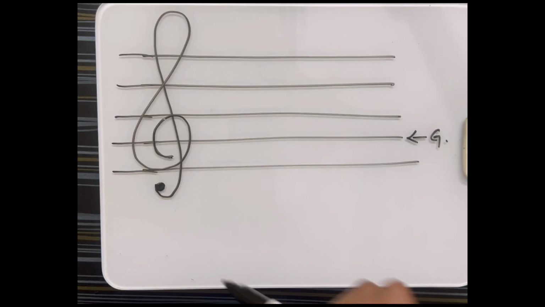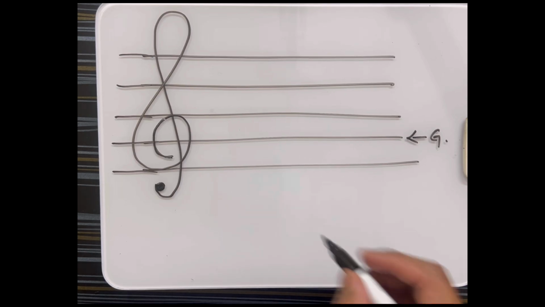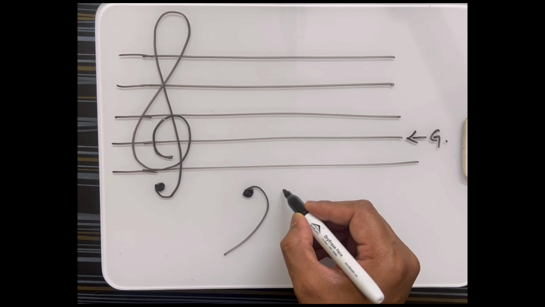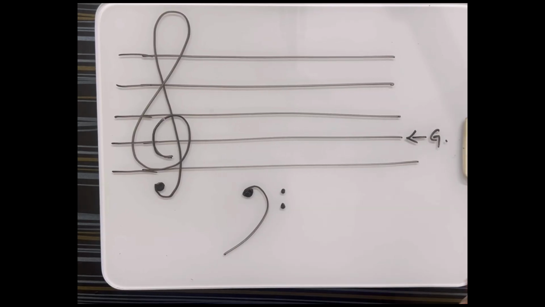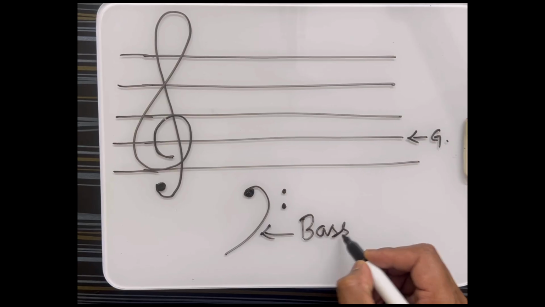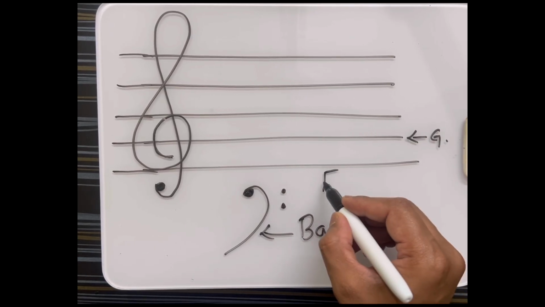Beneath this G-Clef comes the bass clef. The bass clef is drawn like this, and it has 2 dots. This is called bass clef. It's also called F-Clef.